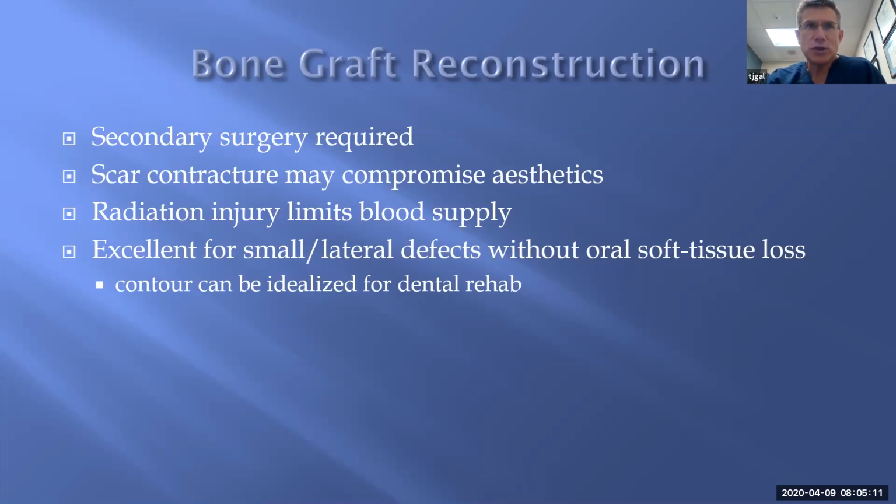But it's still good for small defects, particularly lateral defects. It's more challenging for anterior defects just because of the load-bearing requirements, but it can be done and can actually heal to the point where you can implant it.